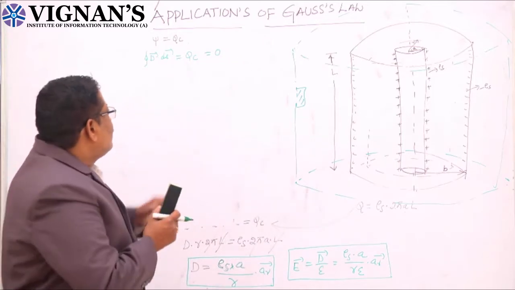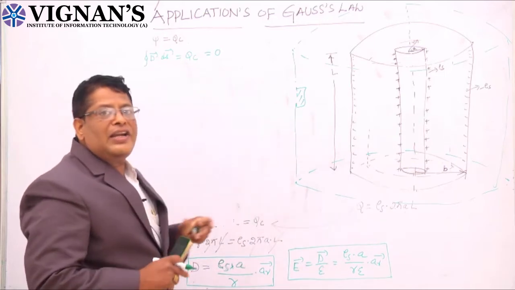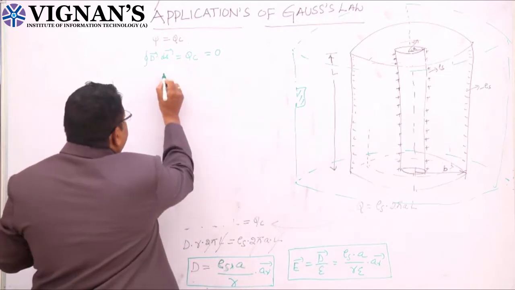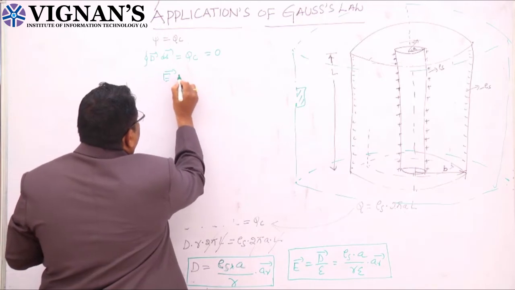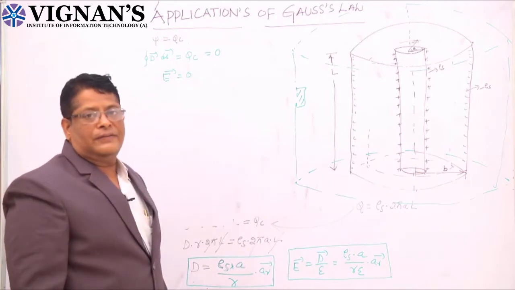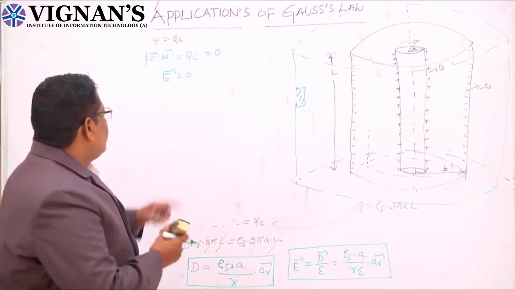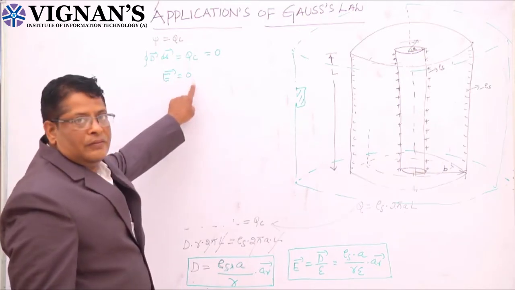So whenever the net charge enclosed by the Gaussian surface is 0, the electric field intensity outside the cable becomes 0. E bar equals 0.